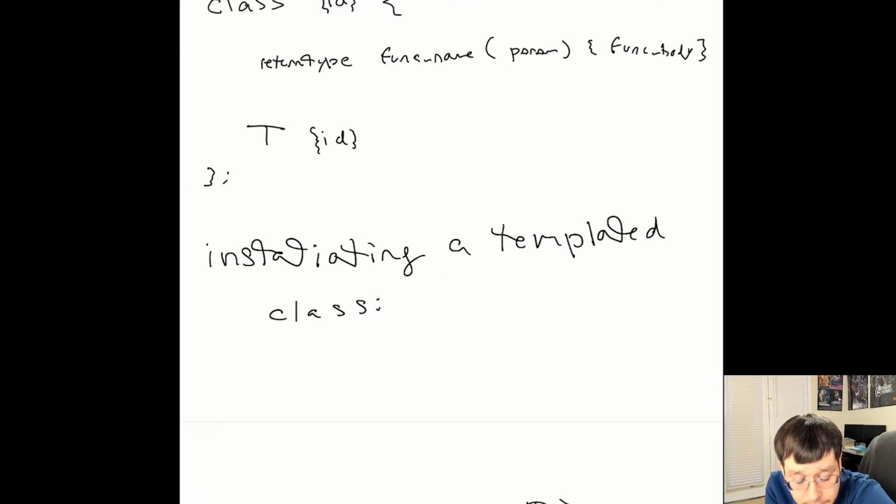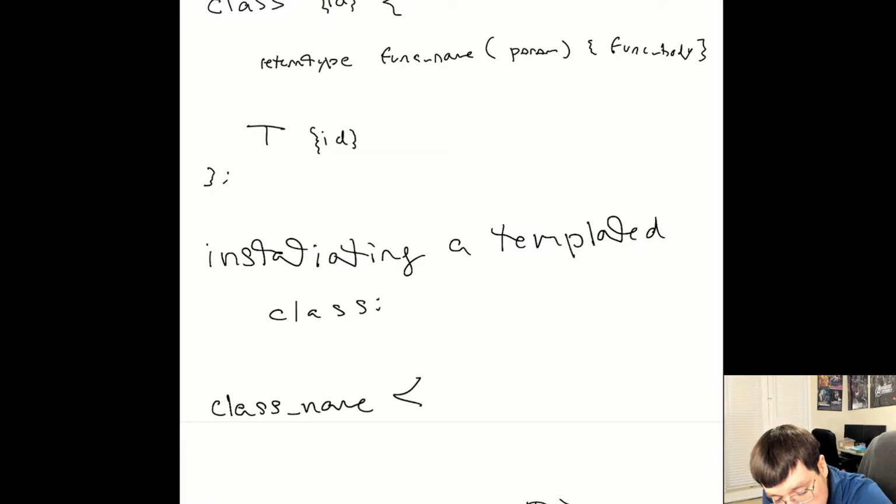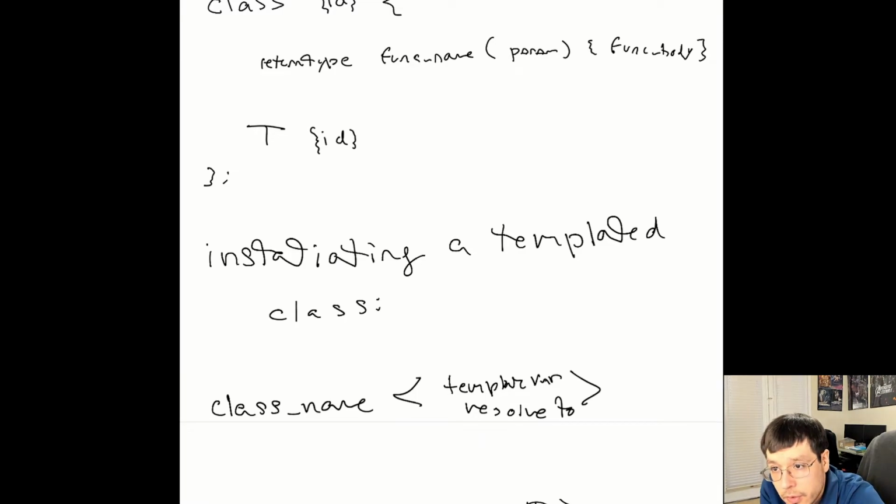So what you do is you write the class name, then you put the less than and the greater than sign, and in there you need to resolve what the template is going to be. So the template variable is resolved there. And then you can write the identifier of the object you want to make, or if you're making a pointer, then you write the pointer and then the identifier and so on.